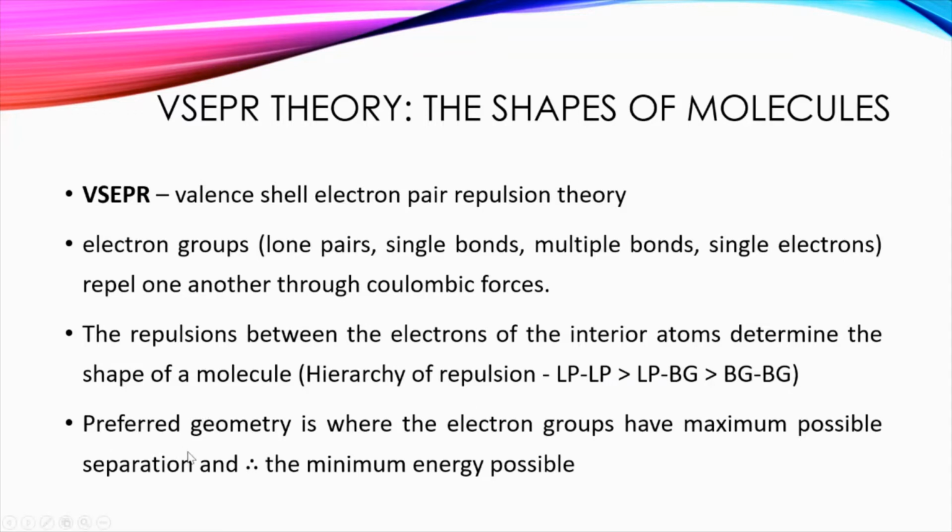The preferred geometry is going to be where you have the electron groups with the maximum possible separation from each other to reduce the repulsion. And when that separation exists, the molecule is stable and the potential energy in that molecule is low. So you have a minimum energy state, okay?